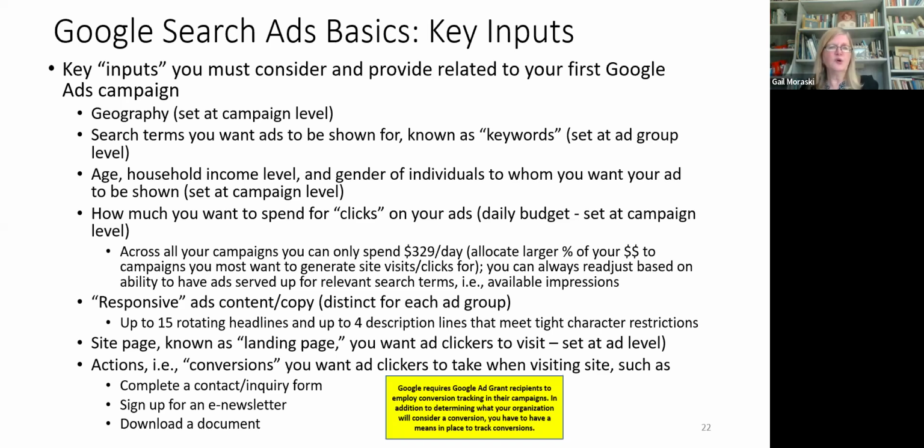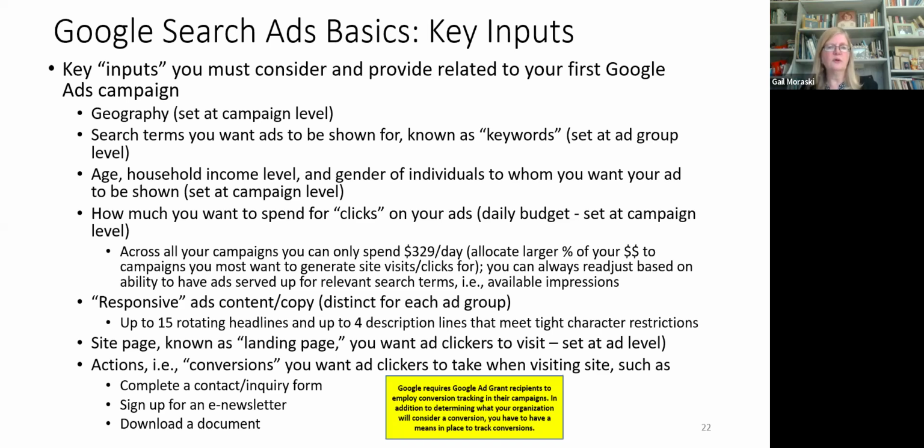The main form of targeting with search advertising is the search terms. That's the main form of targeting. You're having your ads served up to people that are searching on those search terms. But you can also drill down a bit further on the targeting by only having your ads served up to people that meet certain age, household income level, or gender requirements as well.